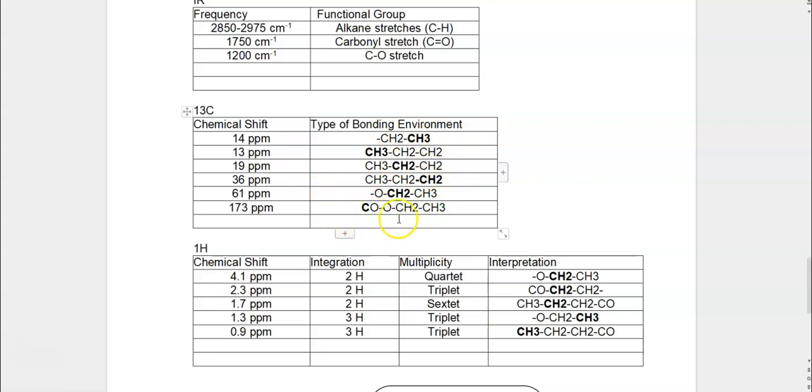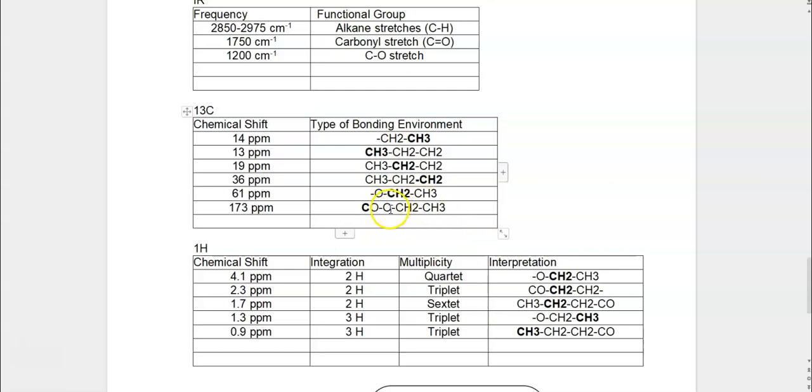And then right here, you have a carbon, which is indicated as 173 ppm in the 13C NMR because it contains an oxygen atom which is double bonded, and it is right next to another oxygen atom which is single bonded to it.